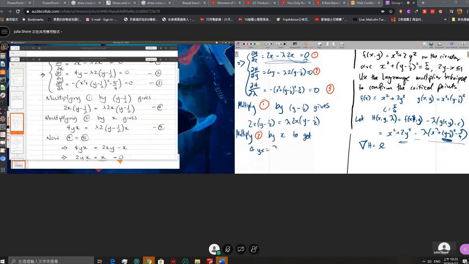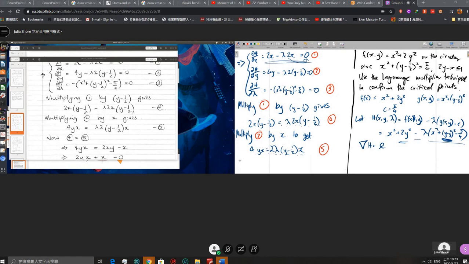4yx is equal to, what is it, 2 lambda y minus a half x. Okay, so we label these things that we've just got. We'll call that one 4, call that one 5. And what have we got? We see that this bit here is the same as that.